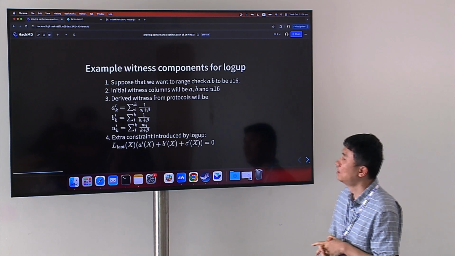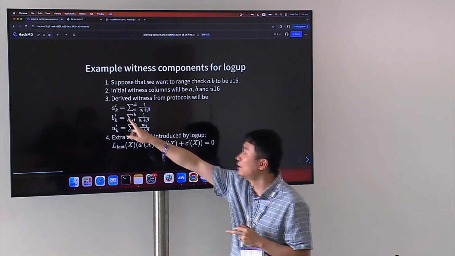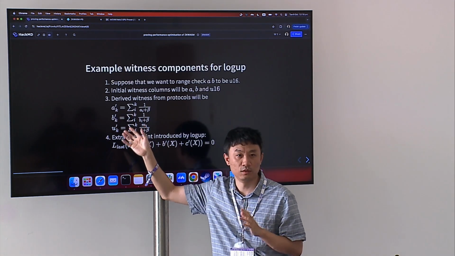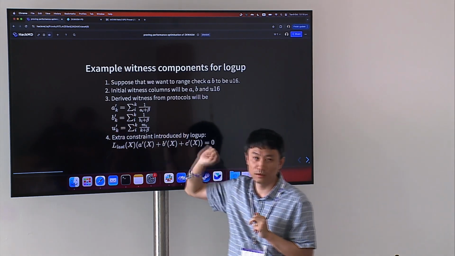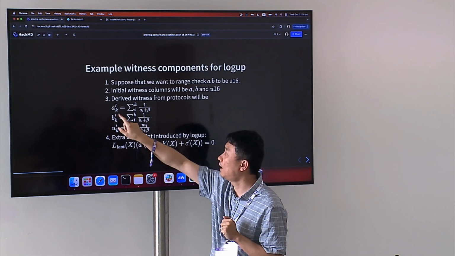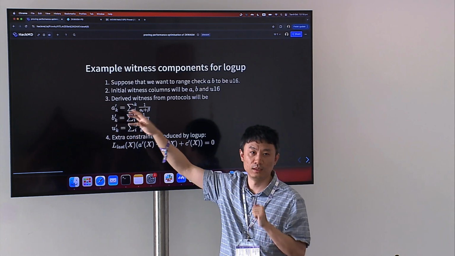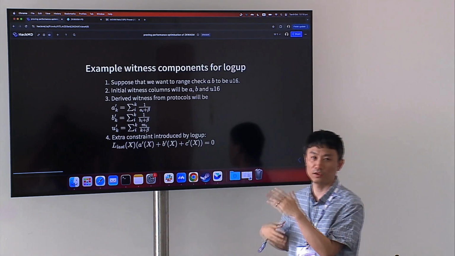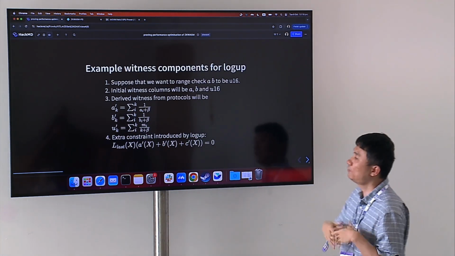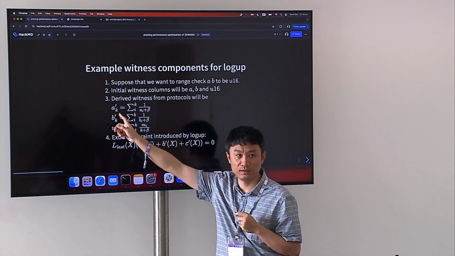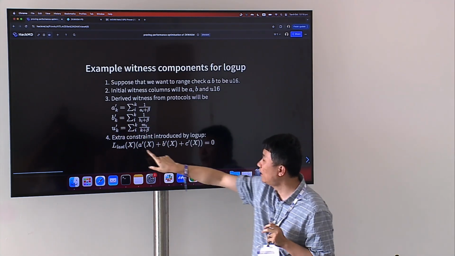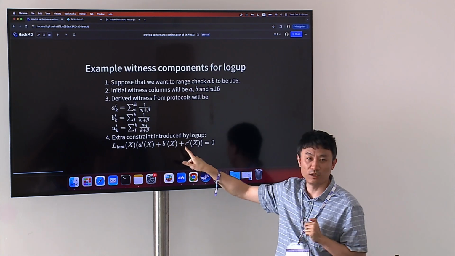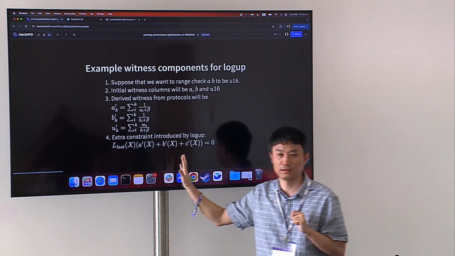And in logup, sometimes we have to do this, right? And do a running sum of this. You can consider that if I put that into the derived witness, then I have the committed witness. But if I do not actually put that line as an explicit witness, we have a degree increase in the final constraints.